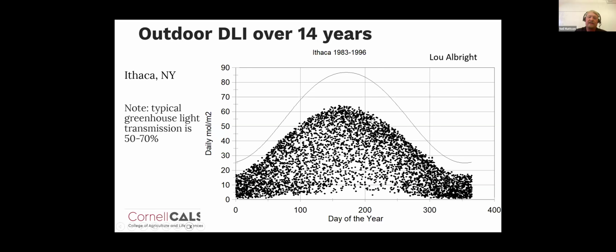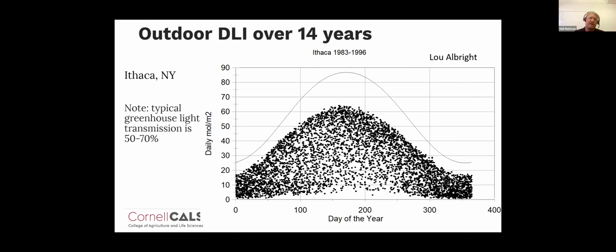So one of the things that we can see is that in the summertime, on average, we're getting maybe 3 to 4 to 5 times as much light as we're getting in the wintertime. So those are the seasonal patterns, as our days are longer in summertime and we get less cloud cover in the summertime.